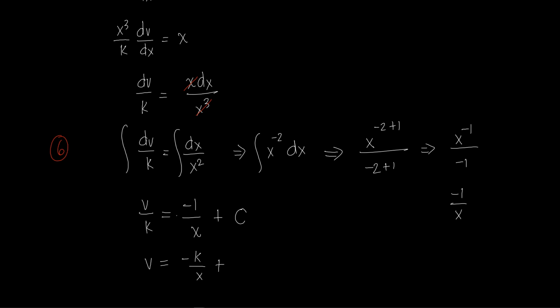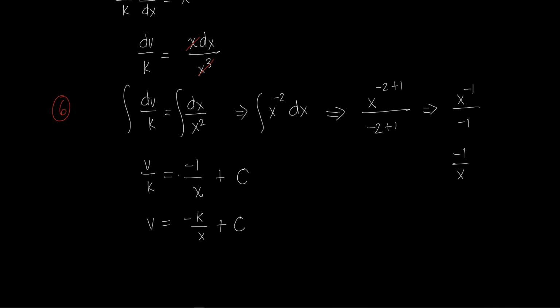Then, plus k times c, is still c gihapon na siya. Gawin naman natin yung c pa rin, kasi constant multiplied by any constant is still a constant. So, plus c pa rin yan. K times c, still c.